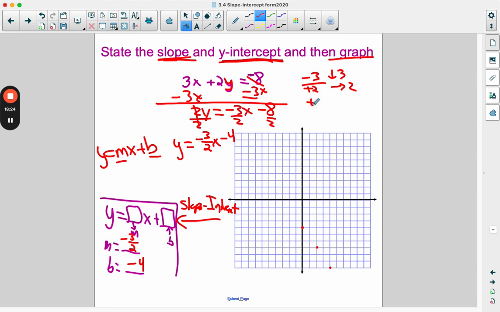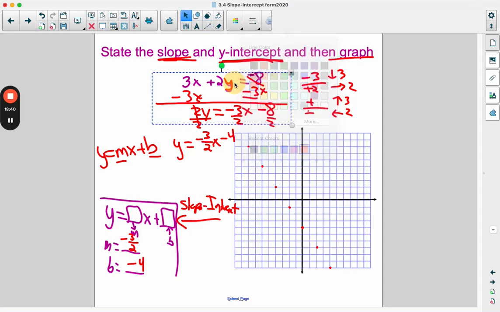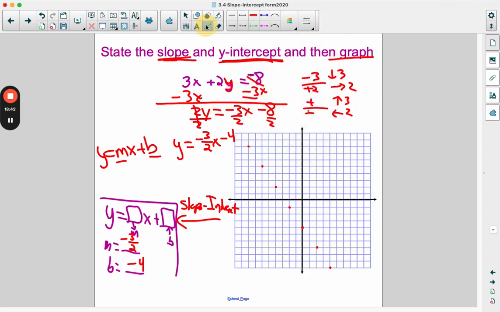Or you can make it a positive over a negative, which would be up and left. Up 3, left 2. Up 3, left 2. And then we draw the line that goes through all of those points.